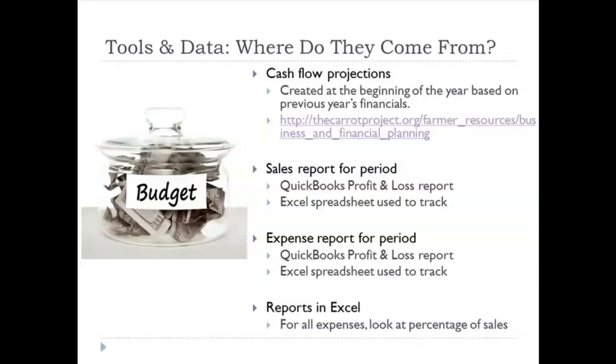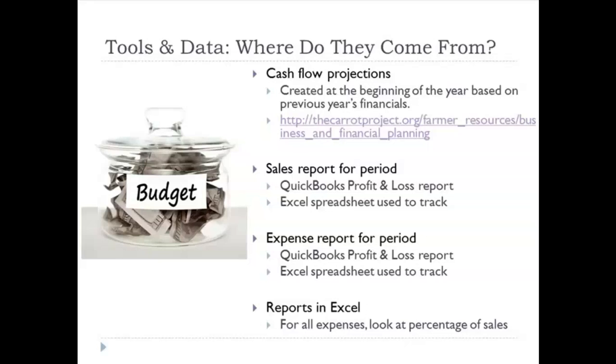If you're looking at it on a monthly basis, you want to run a profit and loss for the month. If you're looking at it on a quarterly basis, you want to look at it on a quarterly basis. If you're using Excel to track your revenue, then you'll want to go to your Excel spreadsheet and total up the sales figures for that period.